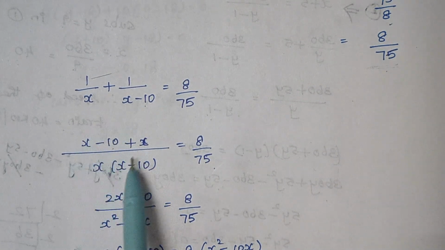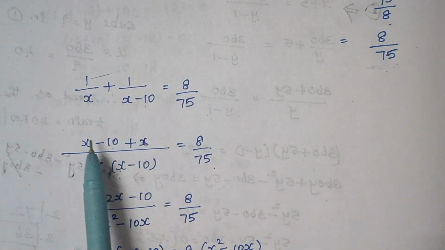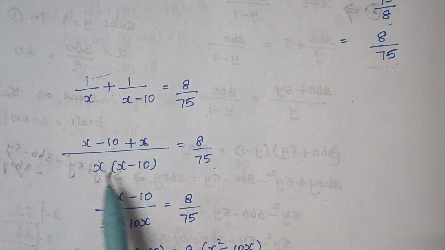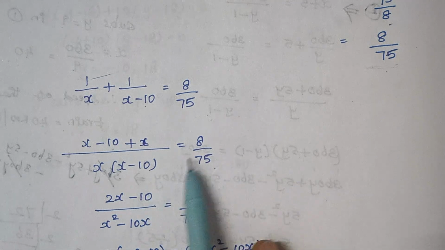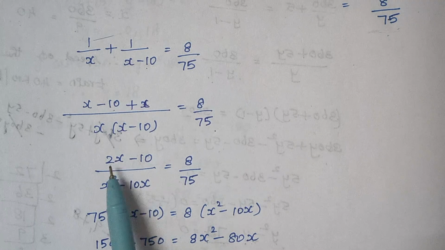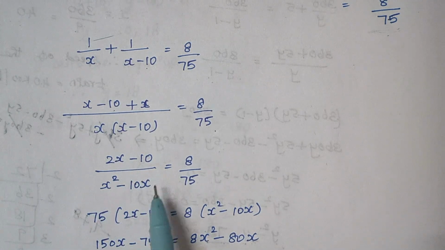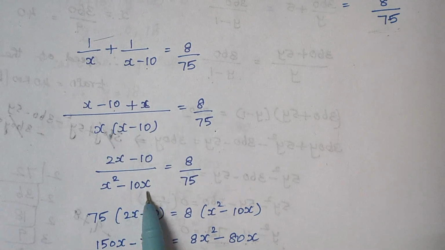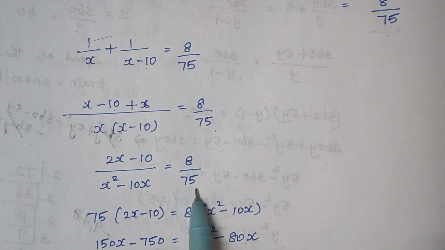So here when you take LCM, 1 into x minus 10 is x minus 10 and 1 into x is x, divided by x into x minus 10, which is equal to 8 by 75. So when you simplify, x plus x, 2x minus 10 the whole, divided by x into x is x square, x into minus 10 is minus 10x, equal to 8 by 75.